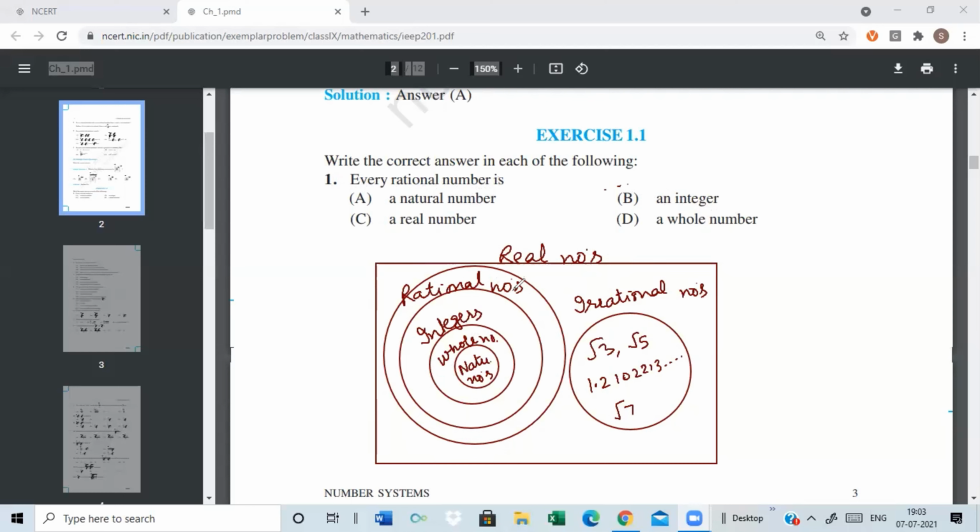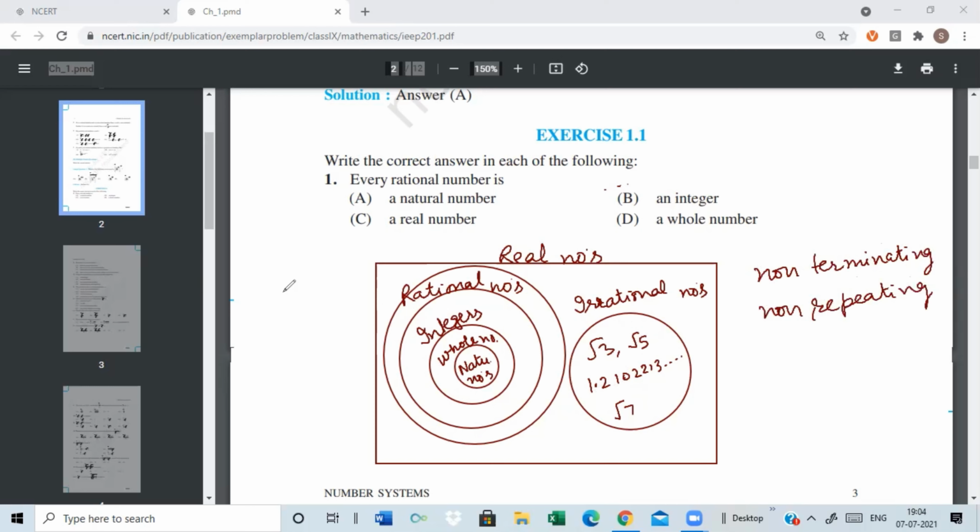Real numbers are all the numbers, whether rational numbers or irrational numbers, right? I think you all must know what irrational numbers are. Irrational numbers are of the form root 3, root 5, or we can say that irrational numbers are numbers whose decimal representation is non-terminating, non-repeating.